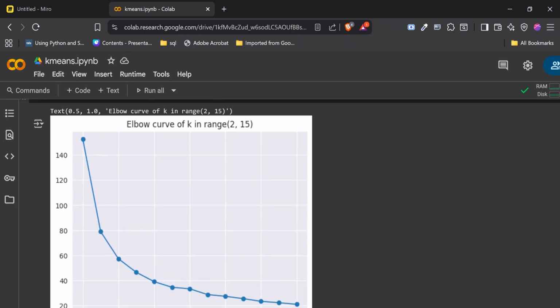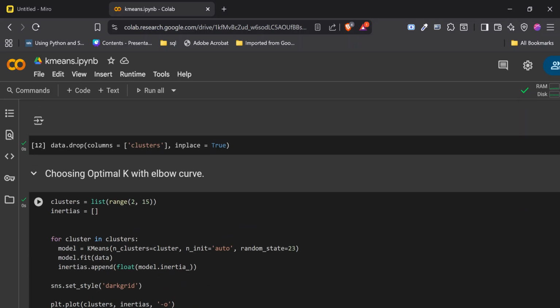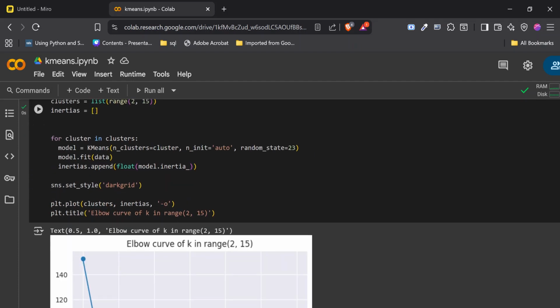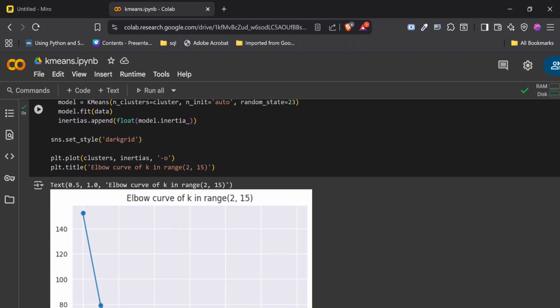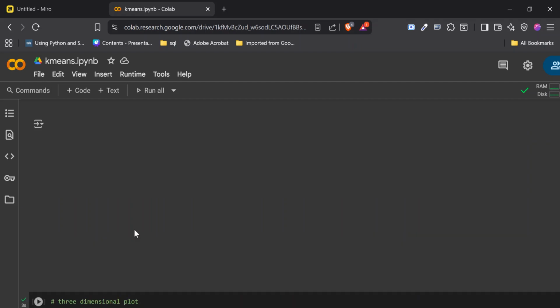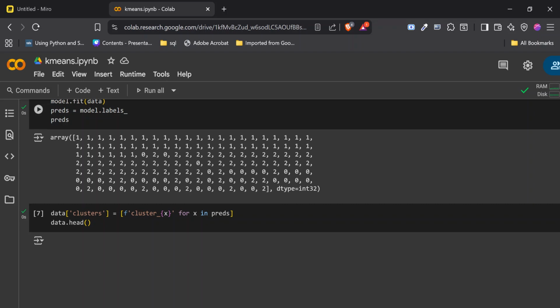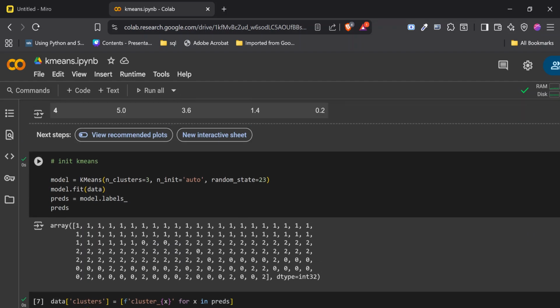That is how you do clustering with k-means. What is left is for you to go back and slot in k equals 4, since you found that is your optimal k. Come to this place, where instead of k equals 3, you just say k equals 4, and give that another spin.